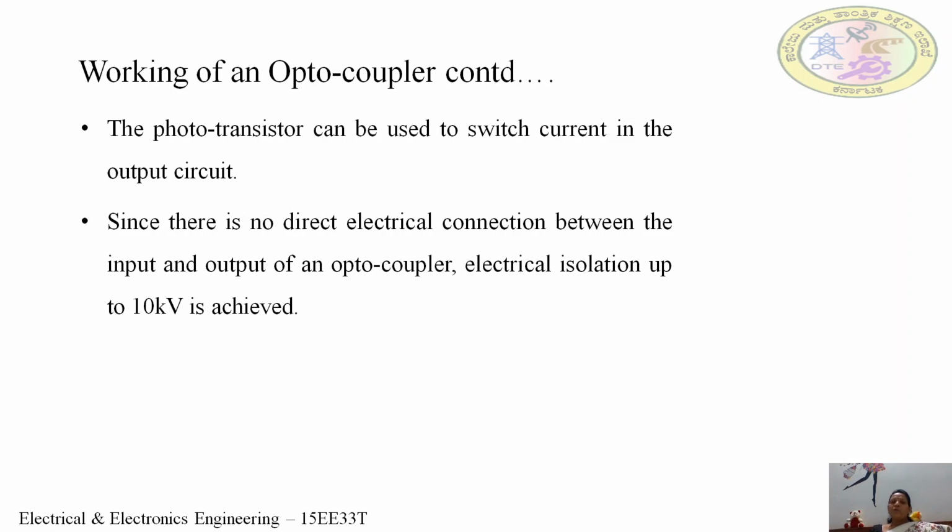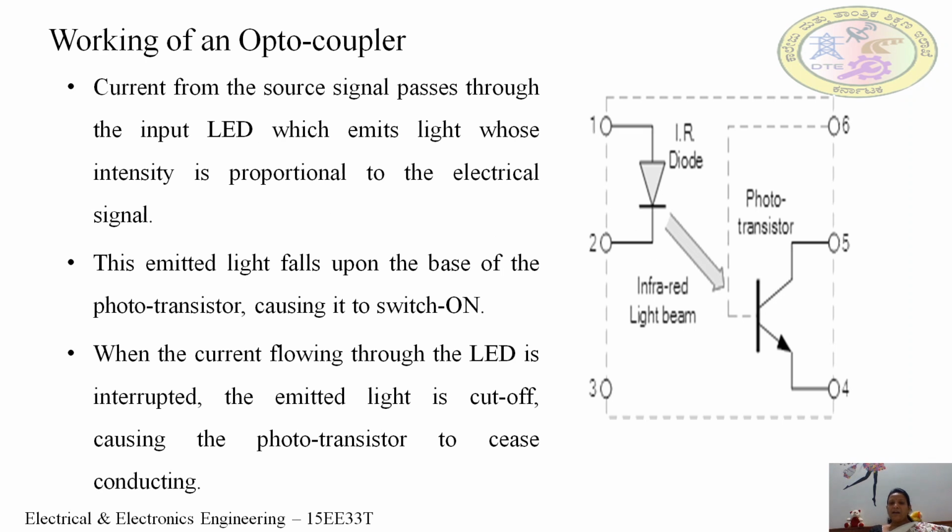So the phototransistor can be used to switch current in the output circuit. The input circuit is switching the current in the output circuit. Since there is no direct electrical connection between the input and the output of an optocoupler, as you can see here, the LED which is the input circuit and the phototransistor which forms the output circuit, there is no electrical connectivity.